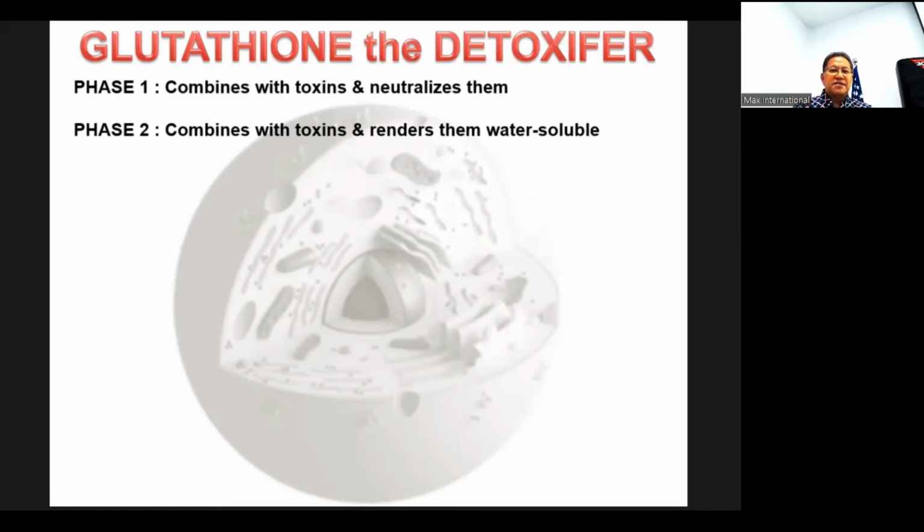The problem is, if they are not neutralized by combining with the glutathione, they may be neutralized as well. But if they're not neutralized, just rendered water soluble, then after being dislodged from wherever they are, before they get to the exit point, they will be circulating in the system first, and they may cause symptoms.